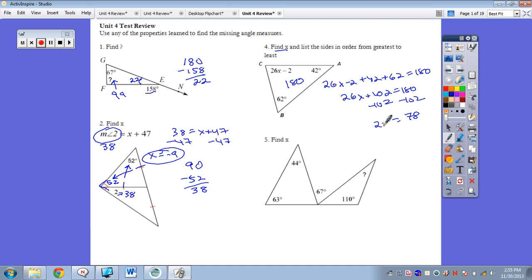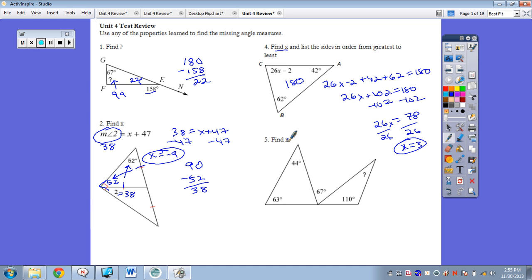And I have 26x on the left. I'm going to now divide both sides by 26. So 78 divided by 26 equals 3. So x is equal to 3. And then that's where I'm going to stop since we can't do the second part.